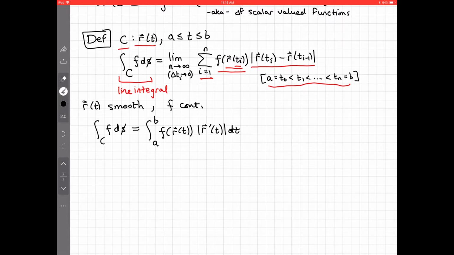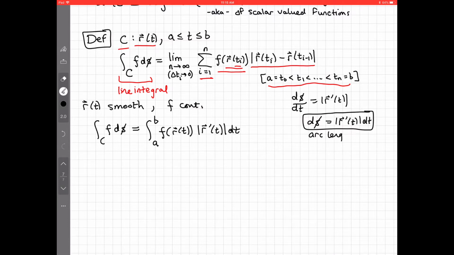Let me remind you, the way the arc length function is defined, the derivative of the arc length function was the same thing as the length of the derivative of our parameterization. In particular, then, we could write down formally that ds should be the length of the derivative times dt, and this we'll call the arc length element. So we plug in the length of r prime of t dt for ds.